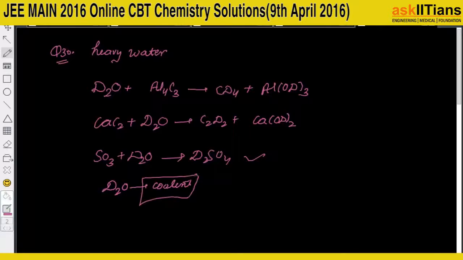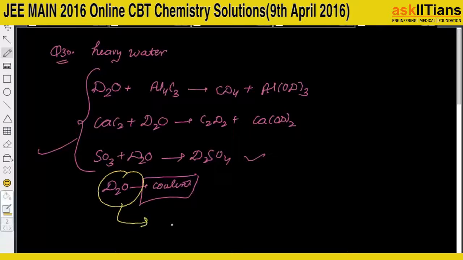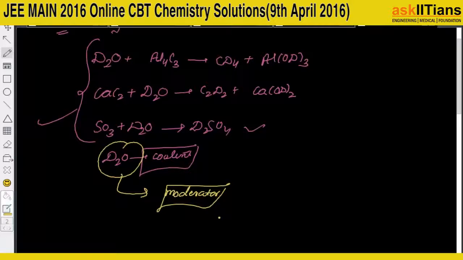Now see, students, all these three reactions are possible and they do occur in nature. Whereas the main purpose of D2O is to be used as a moderator in nuclear reactors. Why is it used as a moderator? Because D2O is quite heavy.